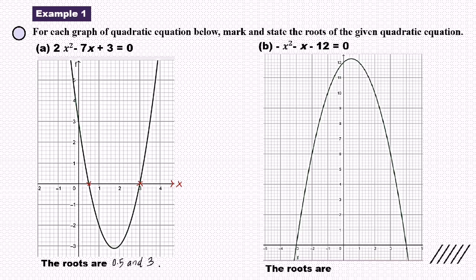So we can see the roots at the x-axis. The first one, the second one. Okay, so now the roots are negative 3 and also 4.